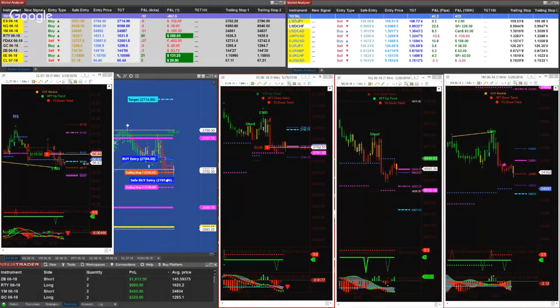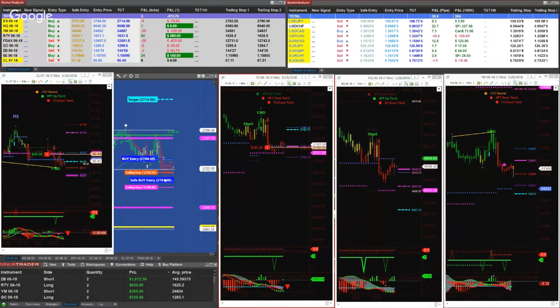You can see from the movement on the ES, we're still on the same level, trying to break this 27.0150. Really chop.